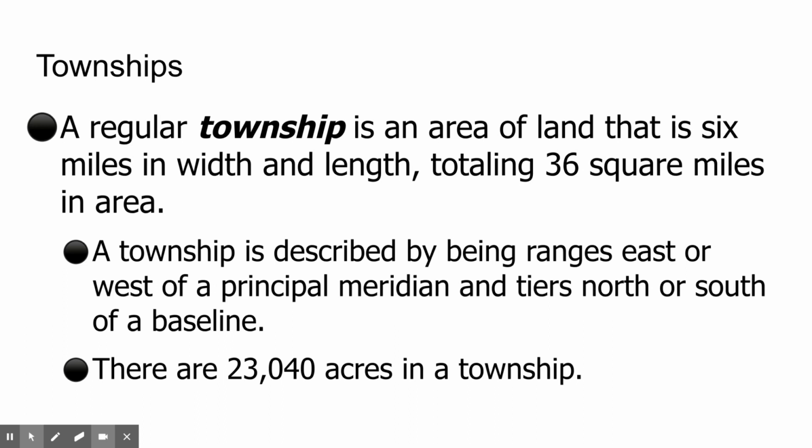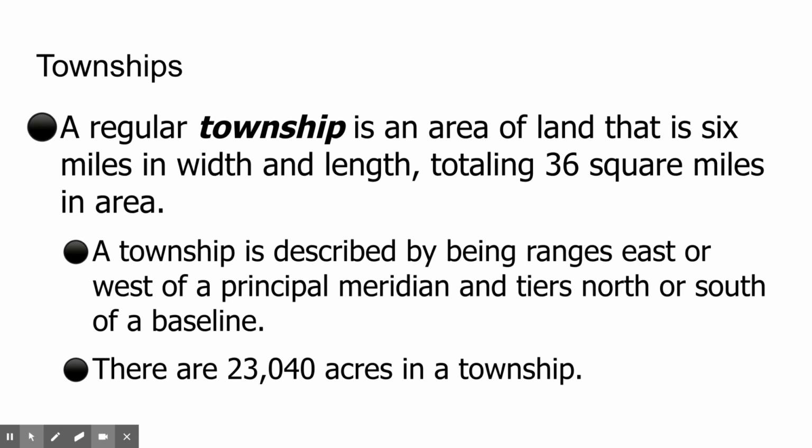Okay, so how we describe those townships is you're either so many ranges east or so many ranges west of a certain principal meridian. Like in Illinois, probably the third principal meridian. That gets you one direction, then the other direction is tiers north or south of a baseline.